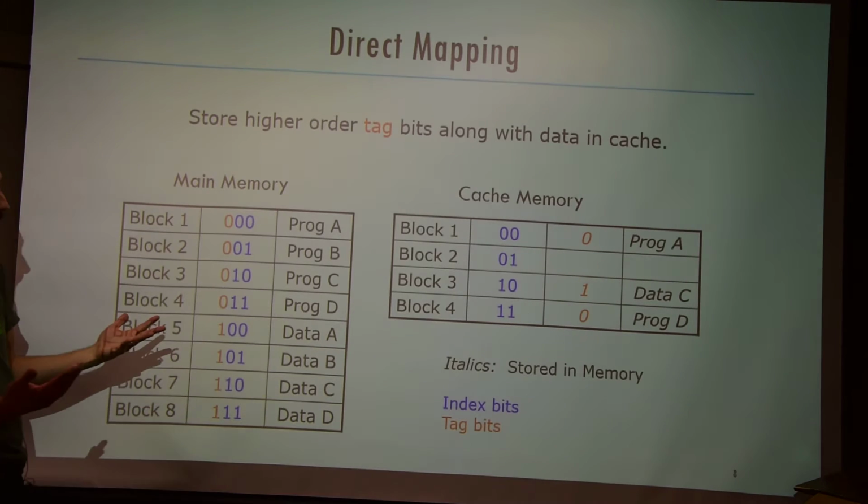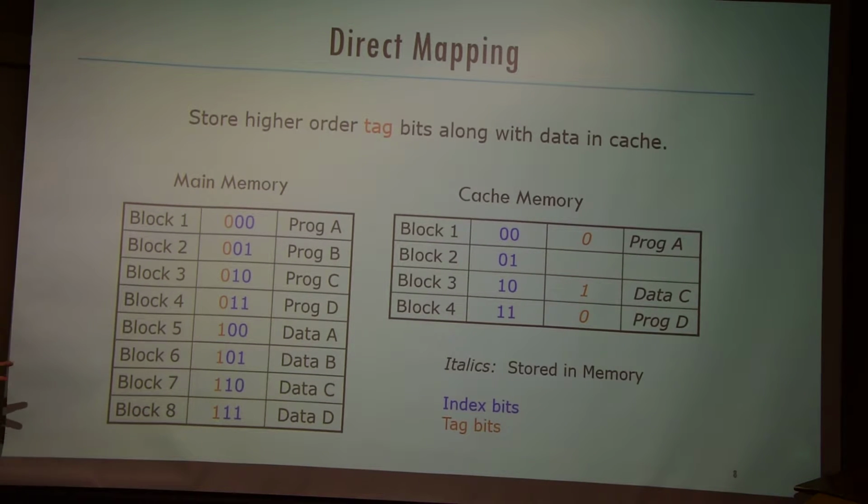So what does that mean? If it's already occupied by program A and I need data A, I need to evict program A and I get data A. Then after that, if I need program A again, I need to evict data A and bring program A in. Now, that's a problem if I'm interested in both a lot. Then I need to evict all the time and bring it back from main memory into the cache. And that's expensive in terms of computation time.